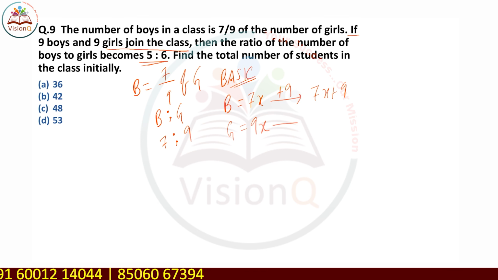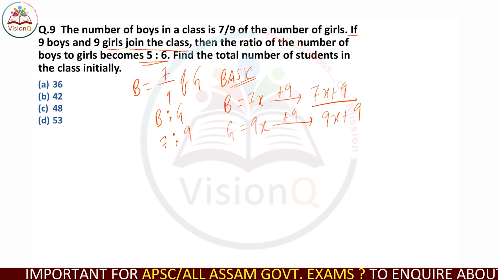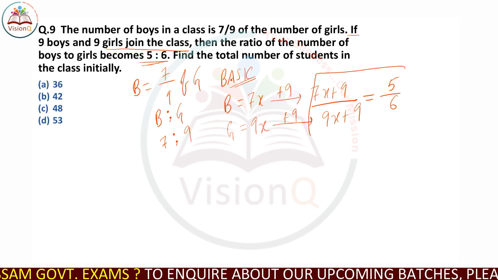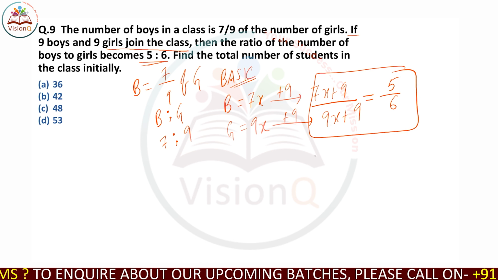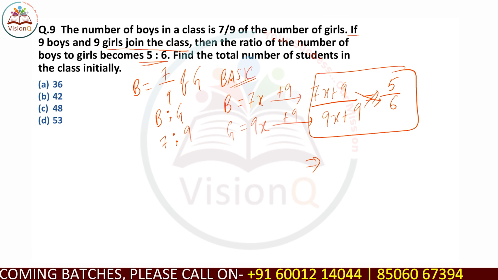And if 9 girls join the class, the number of girls becomes 9x plus 9. So the ratio of boys to girls becomes equal to 5:6. So from this, our main aim will be to find the value of x. If I cross multiply both the sides, I'll get what?